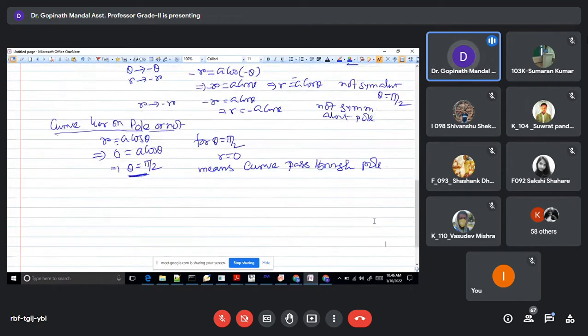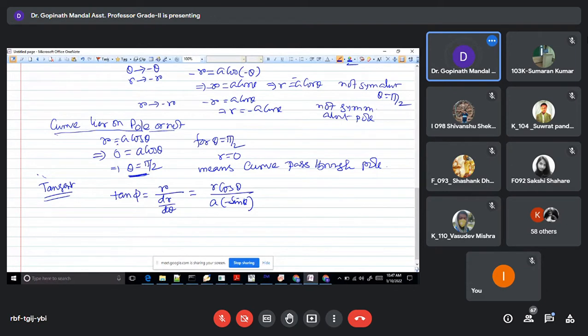Third is the tangent. So tan phi equal to r d theta by dr, with r equal to a cos theta, and dr by d theta equal to minus a sin theta.